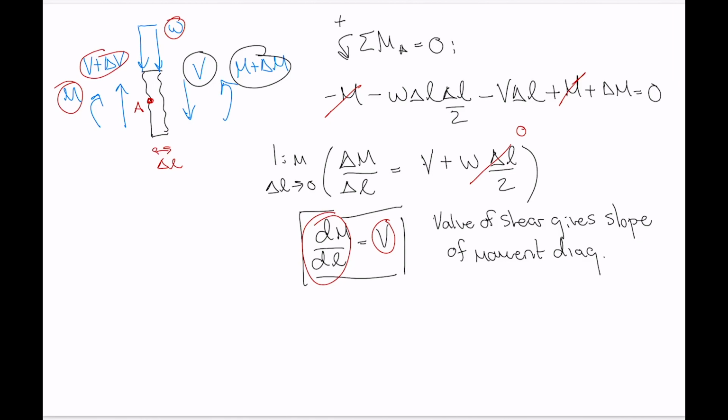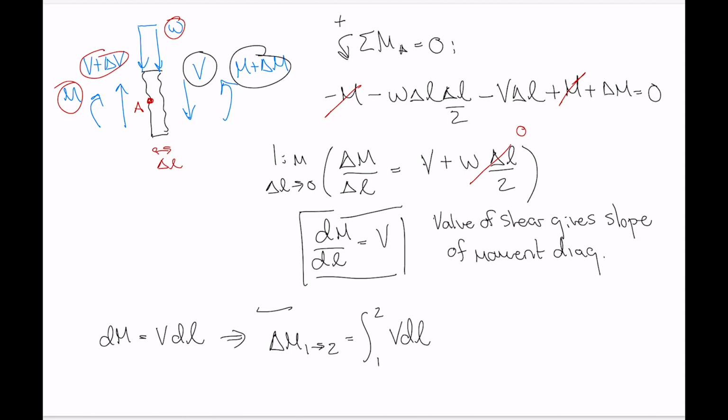Now again, we can do a bit of rearranging here and get another useful expression. So we can have dM equals V dL, and if we integrate both sides of that equation, then we get the change in moment from point 1 to point 2 is the integral between 1 and 2 of V dL.